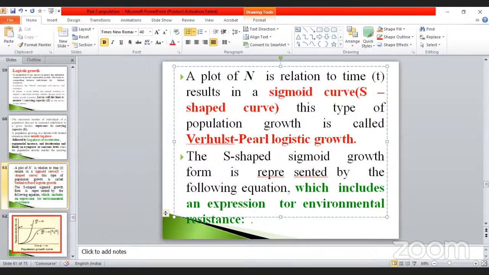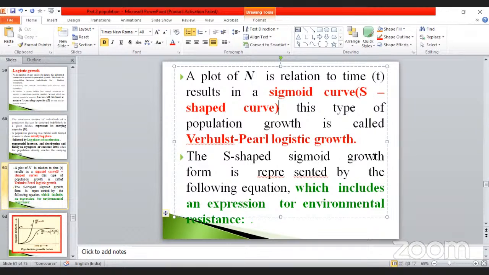So that is called what? This type of population growth is called the Verhulst-Pearl logistic curve. So when you obtain the S-shaped curve, that curve is called the Verhulst-Pearl logistic curve. Okay, my dear.